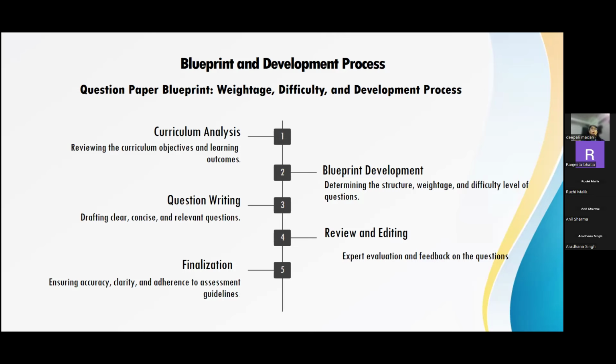We'll be talking about the entire blueprint document in later slides, but we have to ensure that whatever we have made, we review it and check that it's all right. And finally, the last step is the finalization of the blueprint, when we are ensuring the accuracy and clarity, and that everything we intend to put is there in the blueprint.